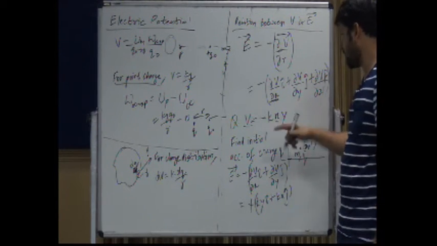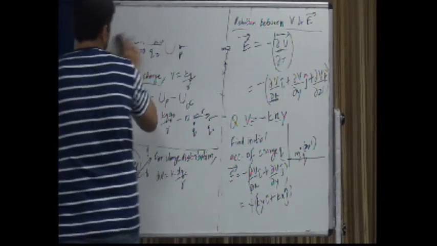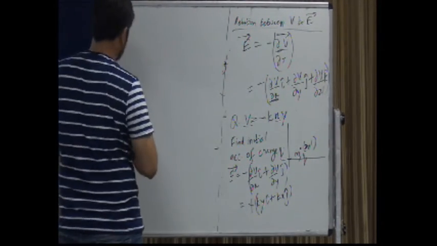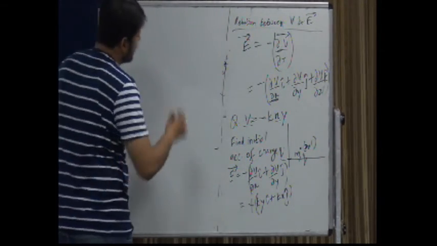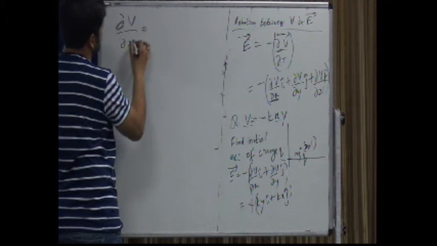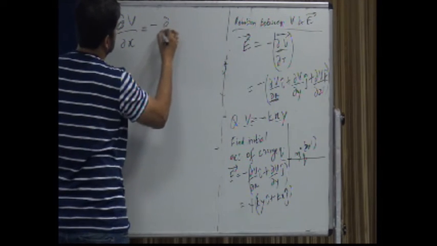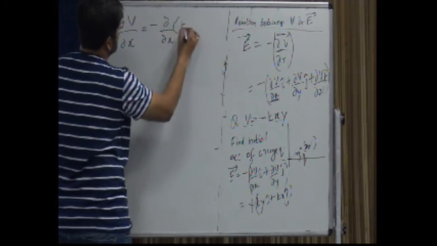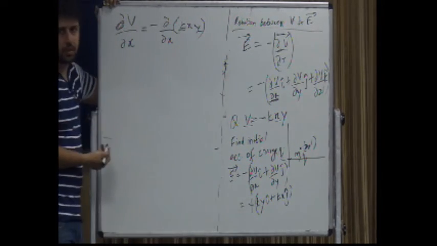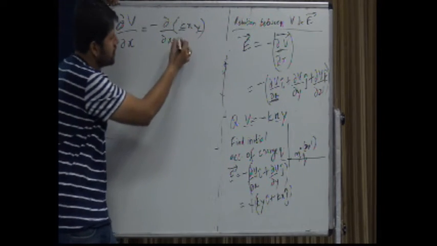I am saying that del V by del x would be how much? Minus k xy. k and y are constant because we are doing partial differentiation with respect to x only.